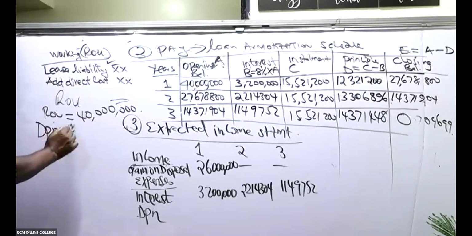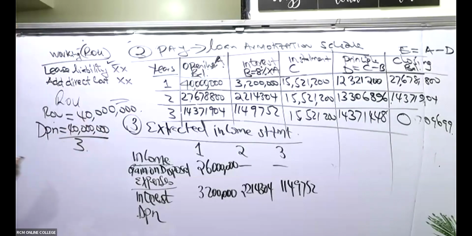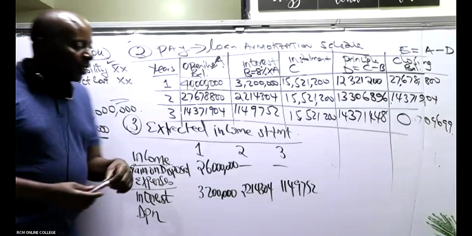So depreciation here will be 40 million, which you divide by 3 years. Is there somebody who can give me this depreciation per annum? This is what I shall book here.